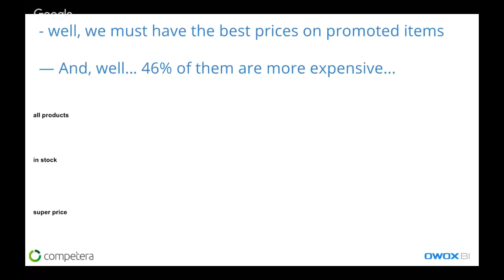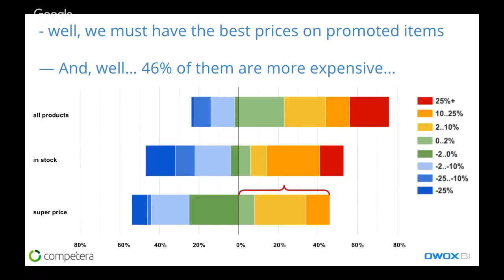And as the result, after we made the snapshot, 46% of them were more expensive than the market. To make a conclusion from this snapshotting, of course, it was a good call to action for this particular client, and they are on the right way right now, fine-tuning their pricing strategy and getting into the market a bit.